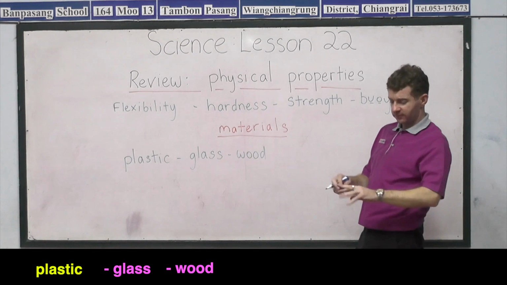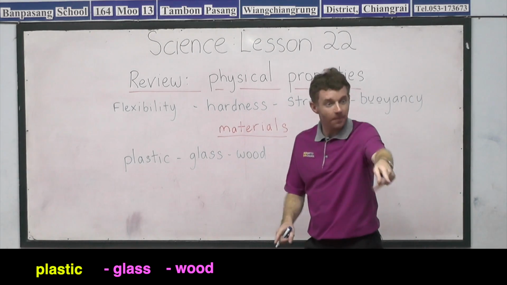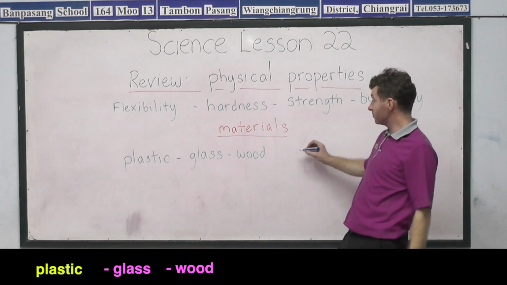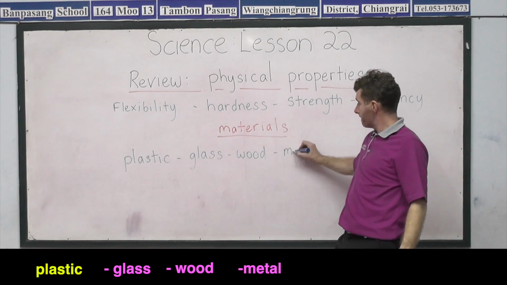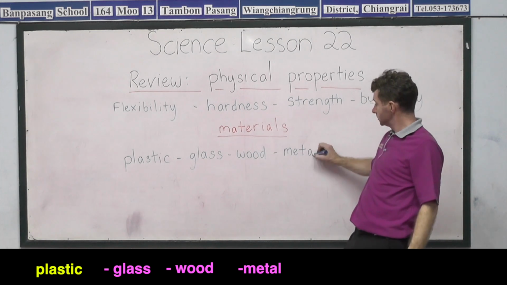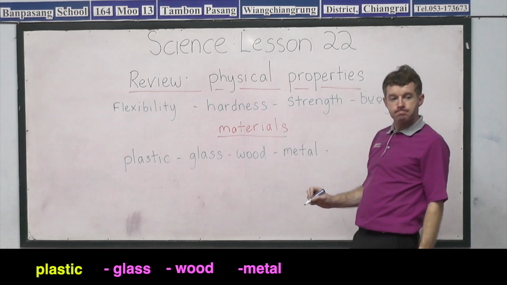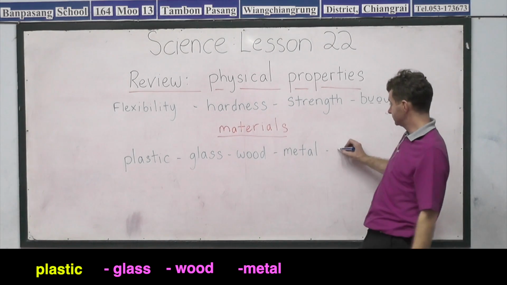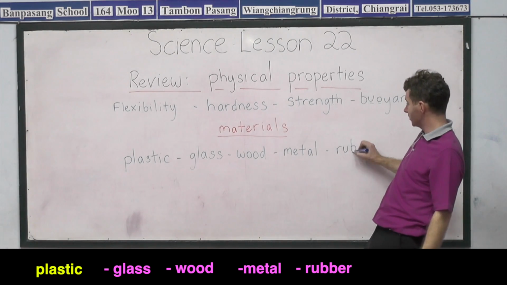How about this? Metal. Metal. Minerals are types of materials. Metal. M-E. Excellent. Rubber. Now you're remembering the materials.